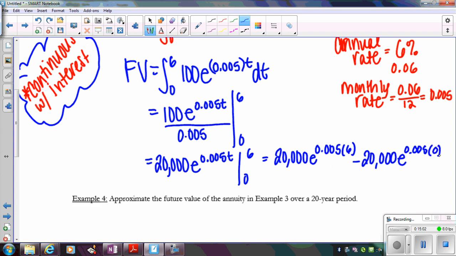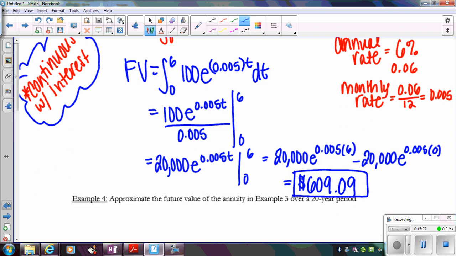Make sure you don't just cross that one off, because now we're dealing with e to the 0, which means it's going to be 1, so that's going to be important. So we're going to have these numbers being subtracted. Type that in your calculator. This ends up just being minus 20,000. And we end up with $609.09. And remember, I'm rounding to 2 decimal places because it's money.